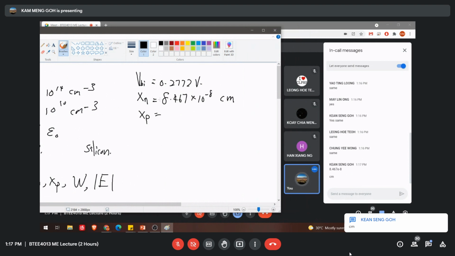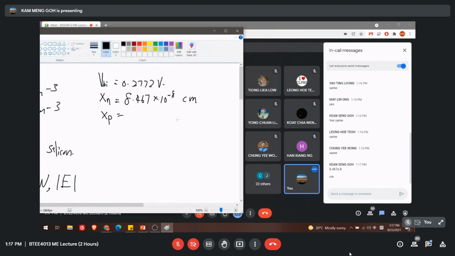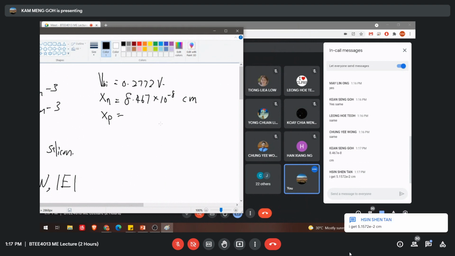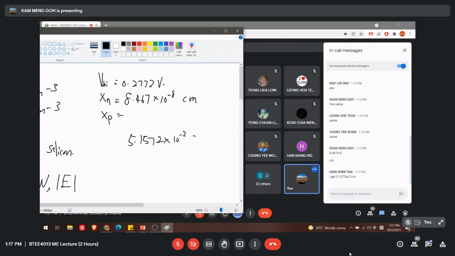For the xn, do you guys get the same answer as Go Cancel, or a different answer? Okay, Tan Xinsheng gets 5.171572 times 10 to the power -2 cm. This one is Go Cancel, this one is Tan Xinsheng.